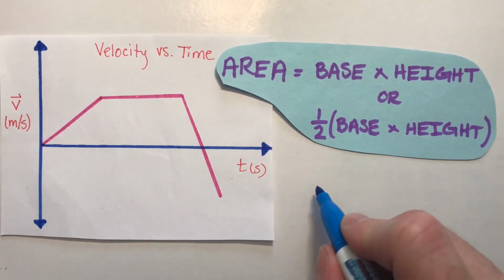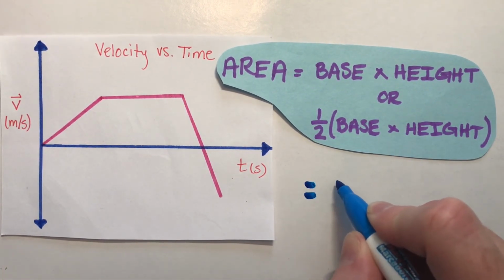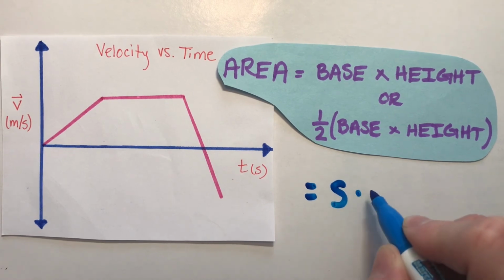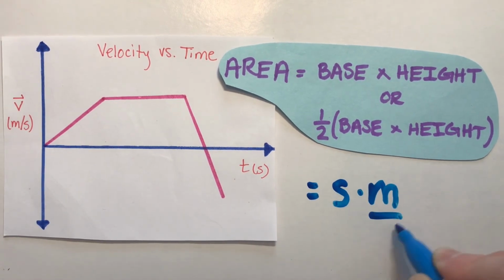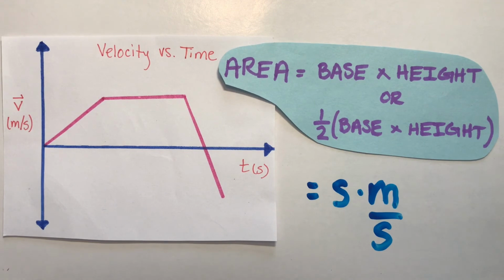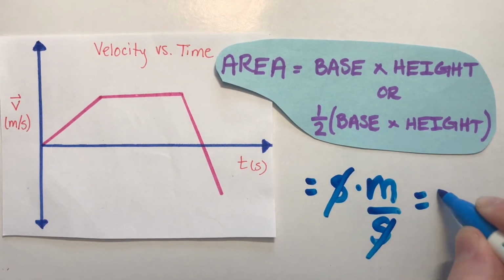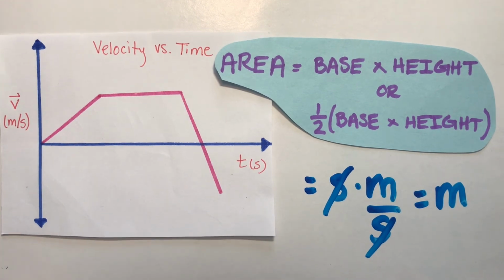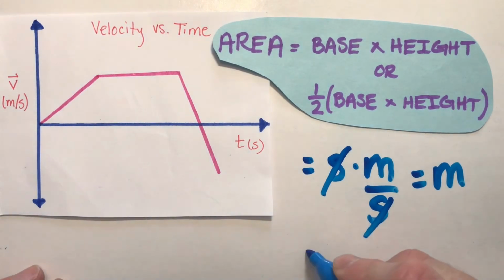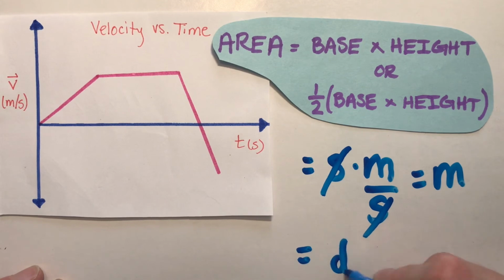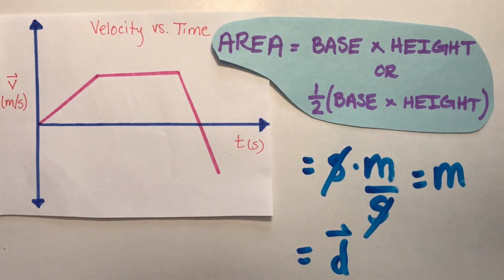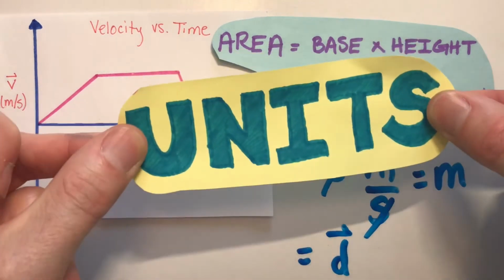If we plug in our units now, you'll see that for the base, we write in seconds, and for the height, we multiply that by meters per second. Of course, seconds are going to cancel out here, which is going to leave us with a final answer in meters. Now, if we stop and think about it, meters is, of course, a measurement of displacement. So, easy enough to say that the area of a velocity time graph is going to give us our displacement. And this is all thanks to units.